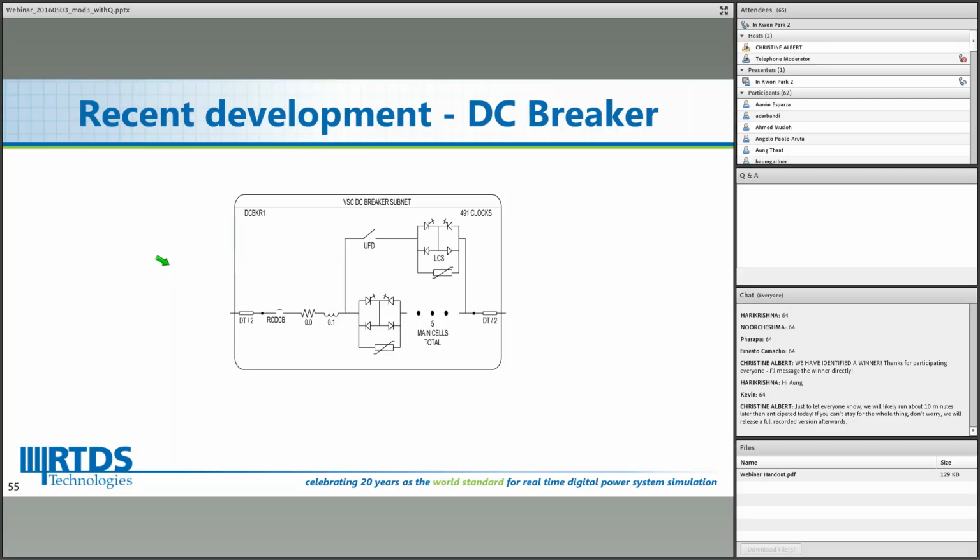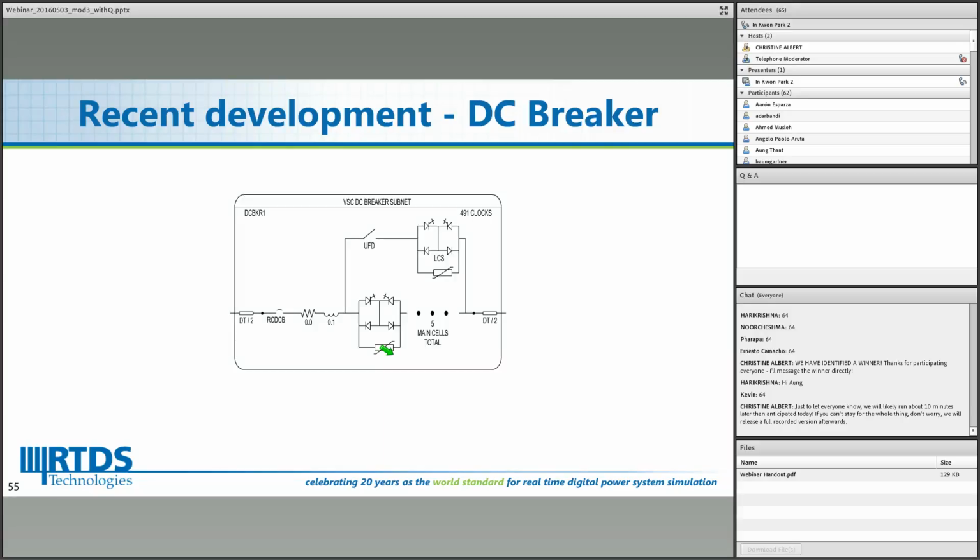So we need to create the current chopping or current interruption capability by using a specific topology. And this is one of the ways. Here, we have 2 conduction paths. The upper path is the usual conduction path, and the lower path is composed of serially connected arresters.